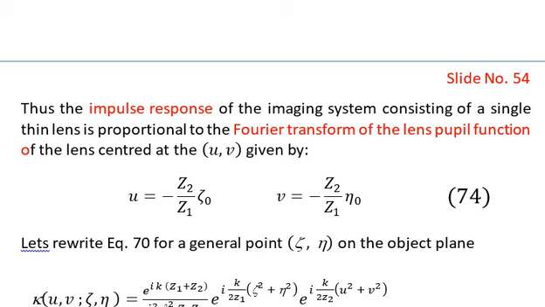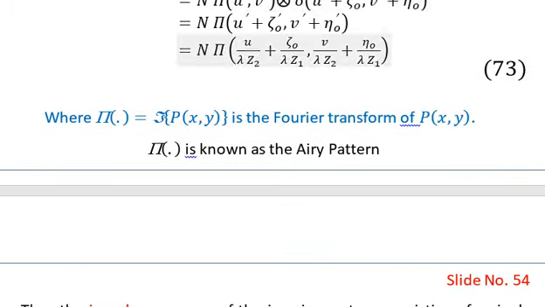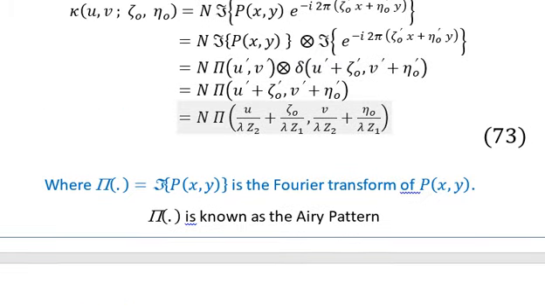So thus the impulse response of the imaging system consisting of a single thin lens is proportional to the Fourier transform of the lens pupil function of the lens centered at u comma v, given by this. Here you can see that this capital pi is related with the image plane, and the coordinates of the image plane are u and v.